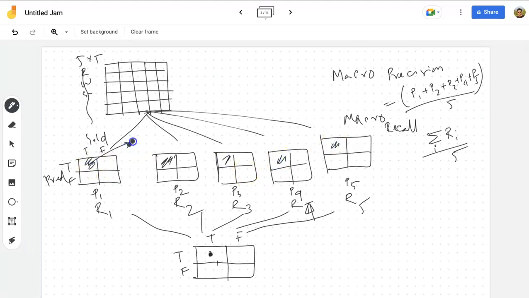If this is cell 0 0 for table 1, cell 0 0 for table 2, table 3, table 4, table 5, then this entry will be the sum of all of them, the sum of C00 i, where i goes from 1 to 5.